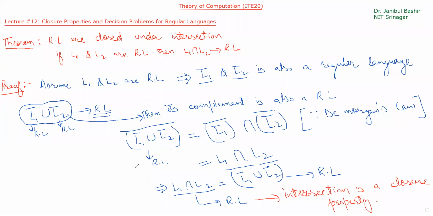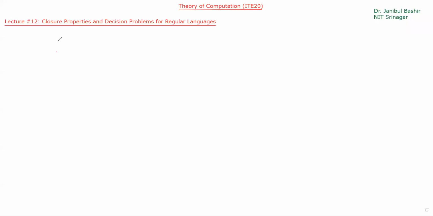Now, instead of proving all the other theorems, let's take all the other theorems as homework, or the assignment, and you should try to prove them. What are the other operations? Let me write down those operations. For all the other operations, you have to prove that they are also closure properties.